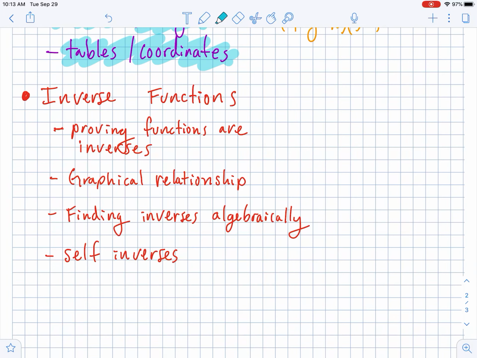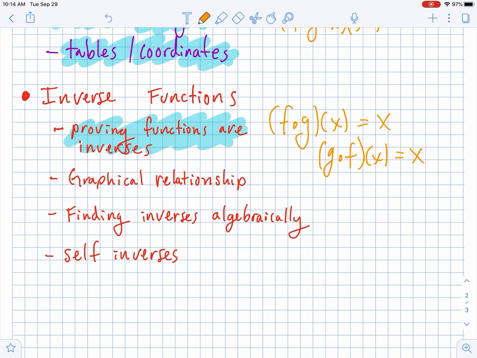The last topic was inverse functions. Know how to prove two functions are inverses of each other algebraically. Remember, that means f o g of x is equal to x, but not only that, also g o f of x is equal to x. Also know the graphical relationship of inverses, which is that they are reflected on the line y equals x.